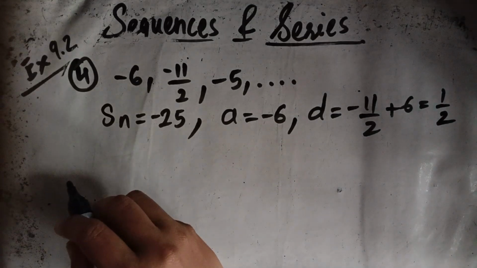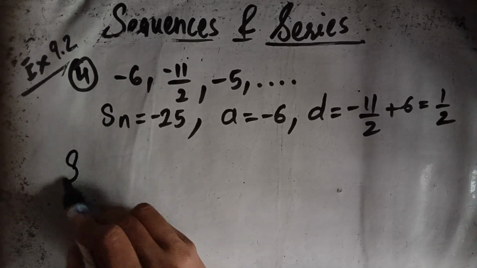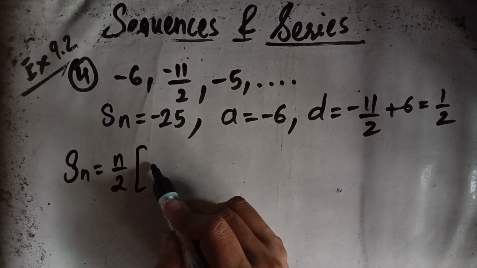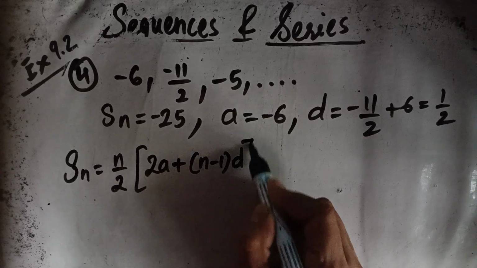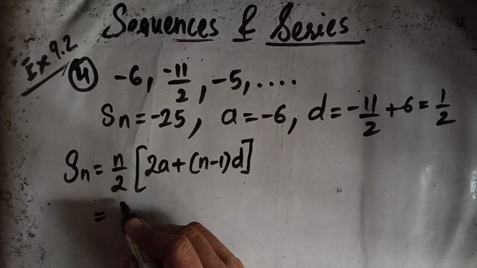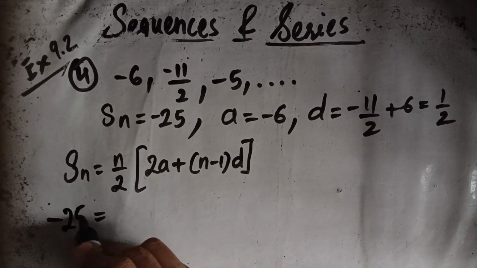half. Okay, so using the formula Sn equals n by 2 into 2a plus n minus 1 into d. Sn is given, you have to find n.